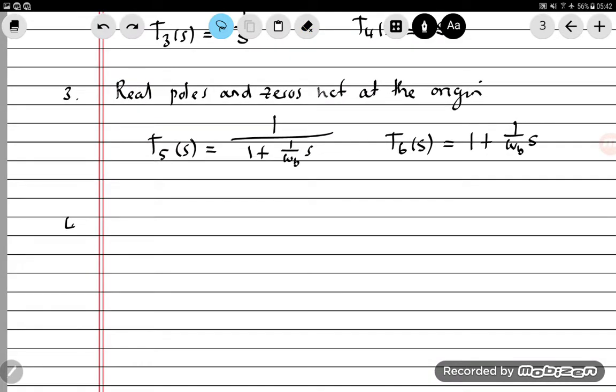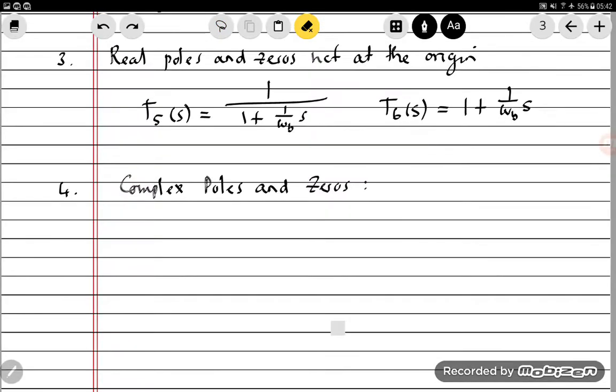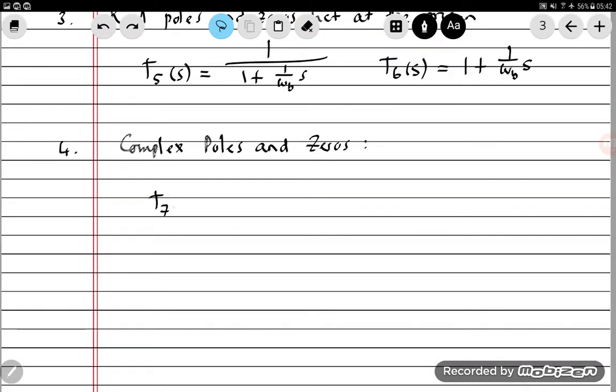The fourth and last building block was complex poles and zeros. So let's use T7 of S for the pole. Again, let's use the B. Plus 1.